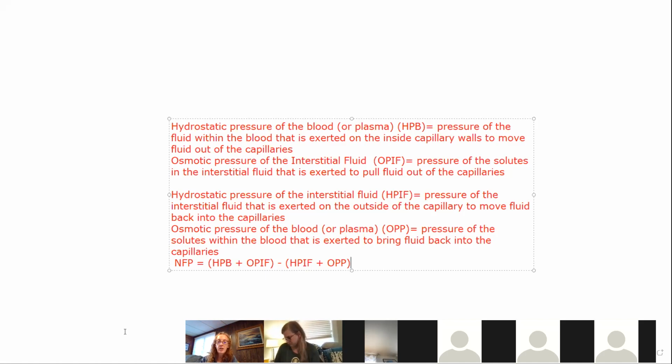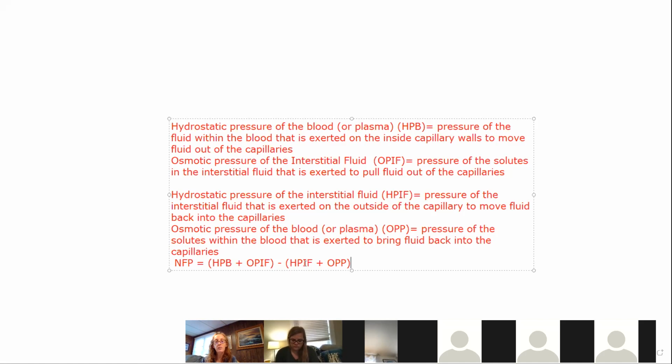So if this sum ends up being the bigger value, then the net filtration is going to be negative, and the result is that you're going to draw fluid back into the capillaries. This is going to be really important later when we talk about the kidneys.